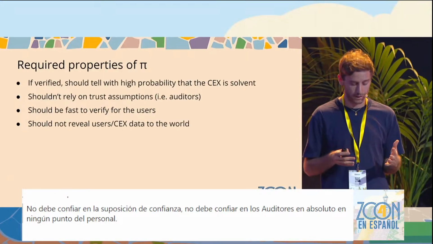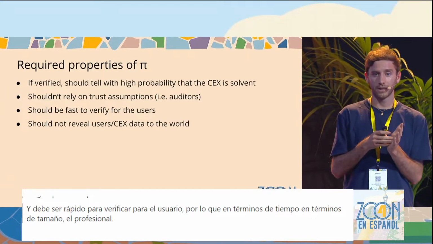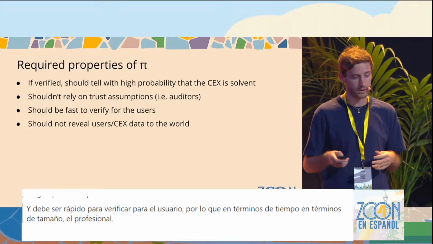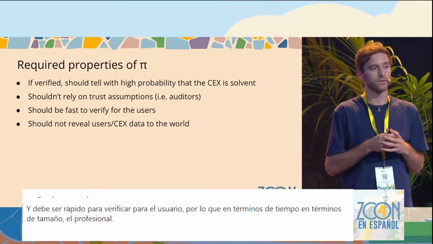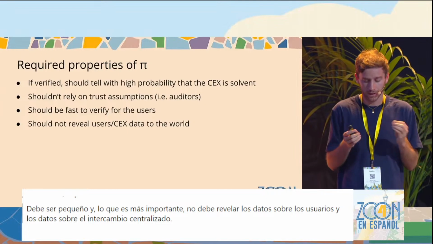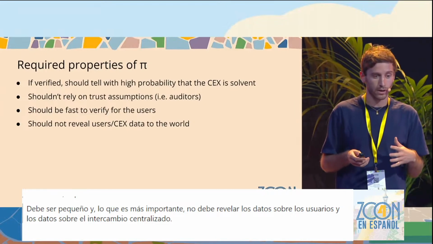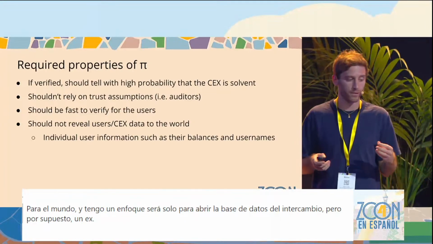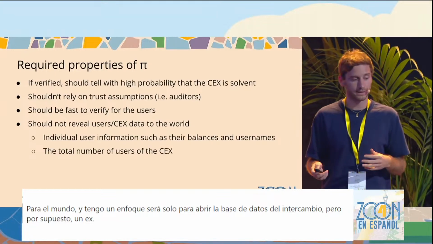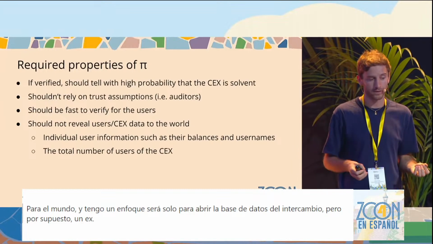And most importantly, it should not reveal data about the users and data about the centralized exchange to the world. A naive approach would be to just open source the database of the exchange, but of course, an exchange will never do that. The data that we want to hide are, for example, the individual user information, their username, their balances, and the number of users of the centralized exchange.